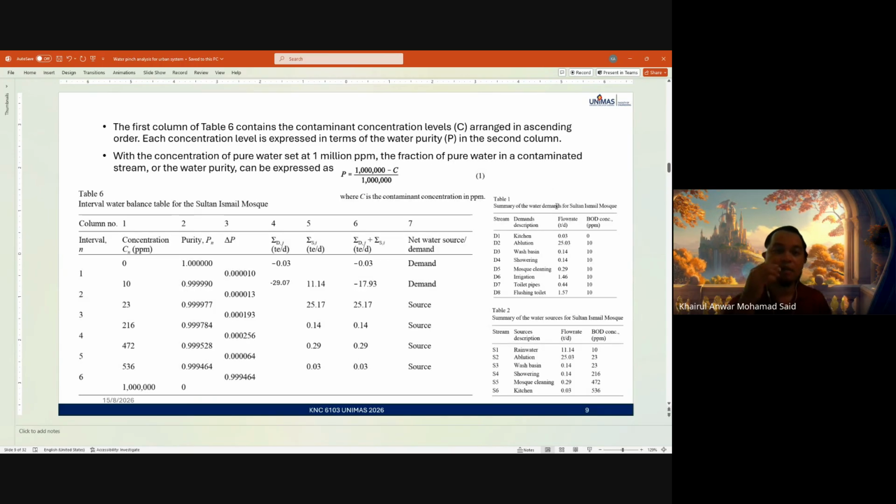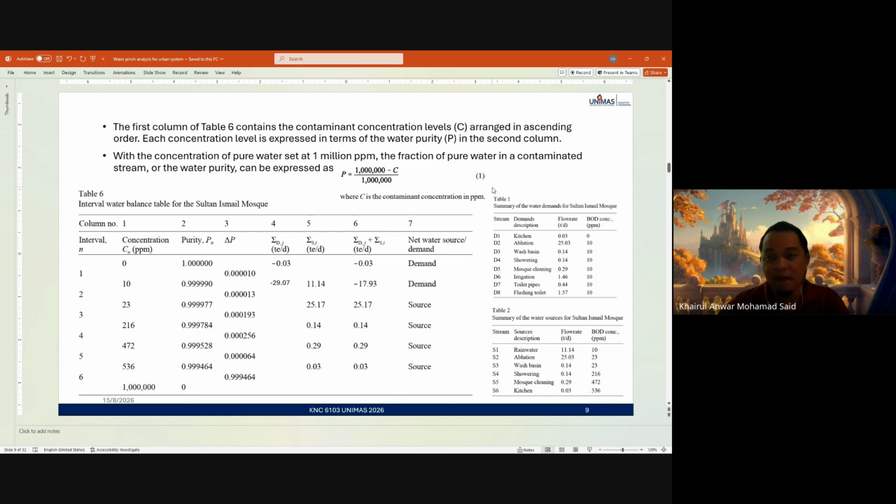So remember the table. It's the same idea, same method. You see? So before you can get this table, you can construct table 6.